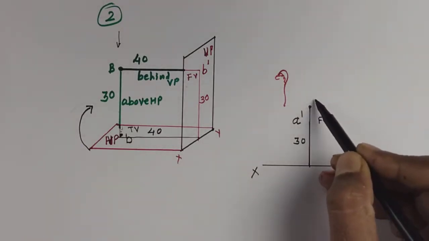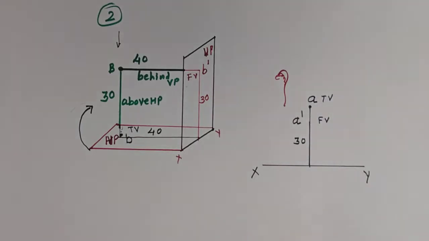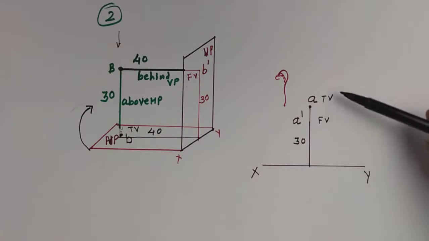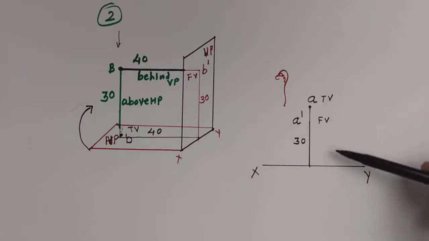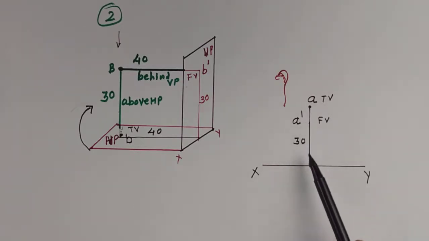This is my plan point, the top view. So your front view and top view in the second quadrant are both above the XY line. And in this section, this line represents the top view and front view of the objects.